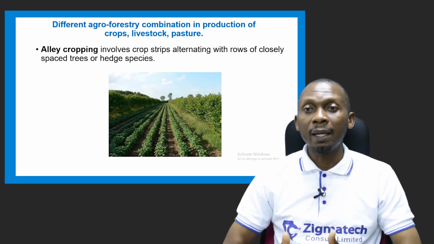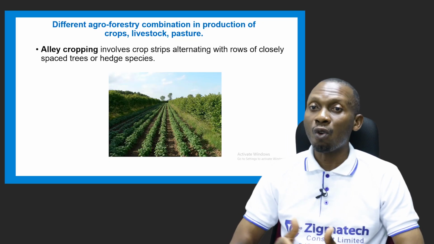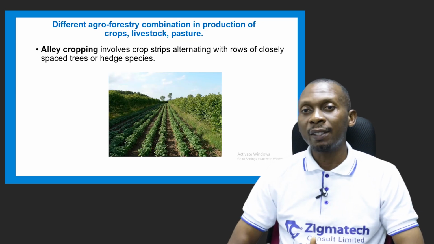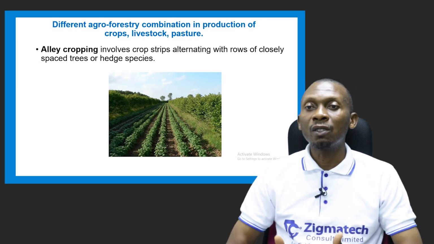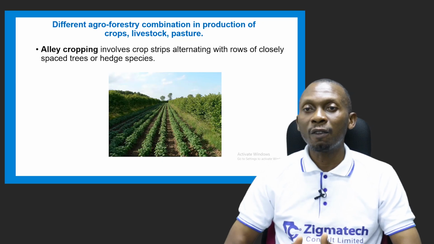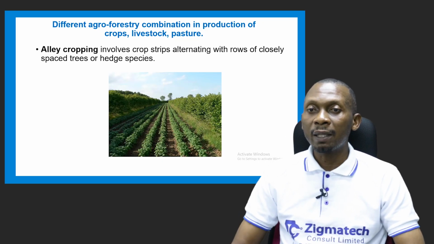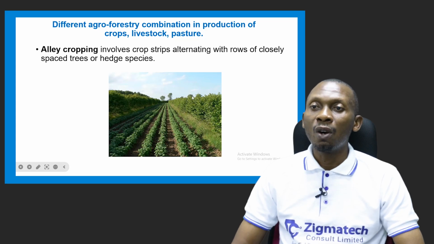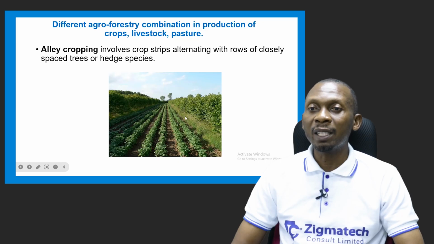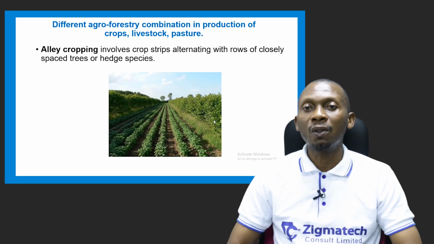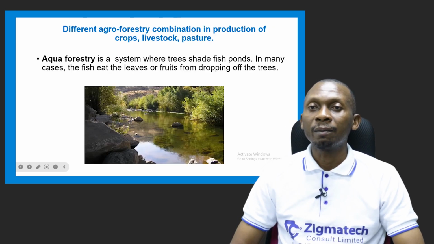What I mean here is the combination involves crops and trees or hedges, but it is done in strips. From the picture you can see strips of crops alternating in rows. This is another row of closely spaced trees or hedge species. So that's called alley cropping.